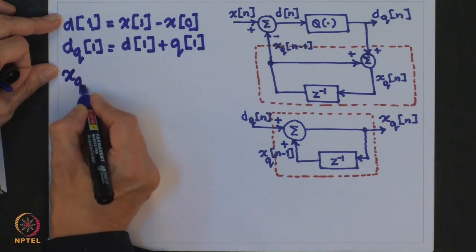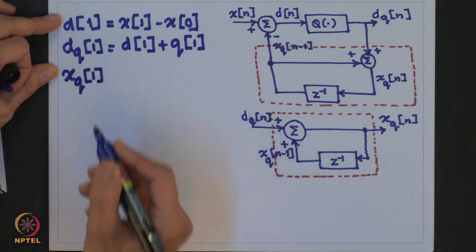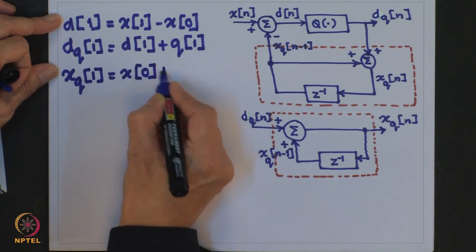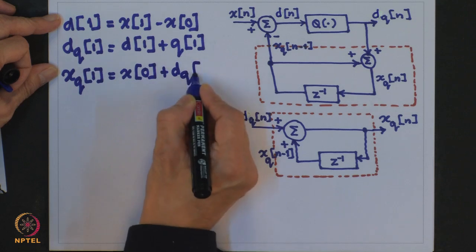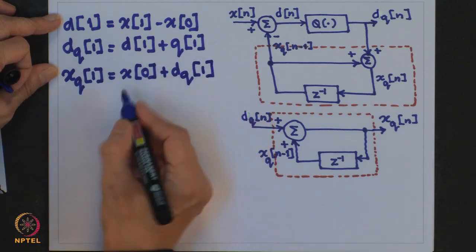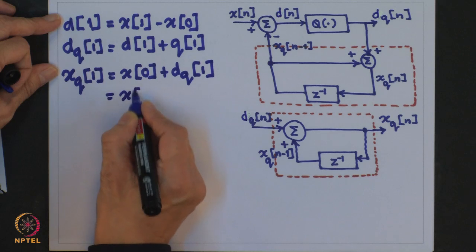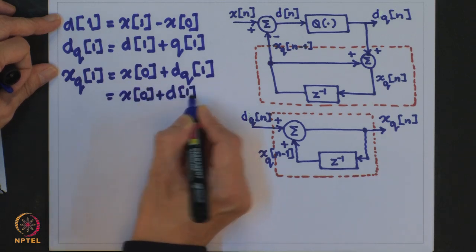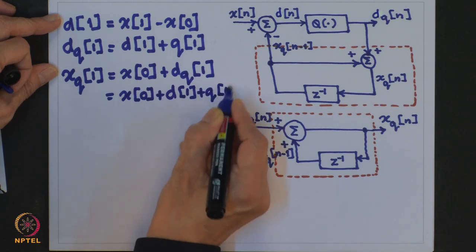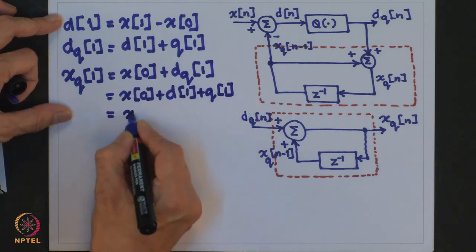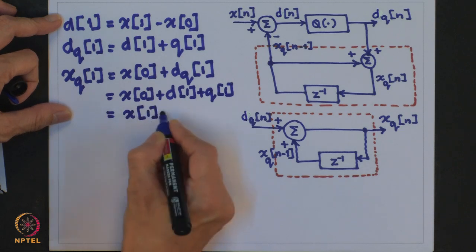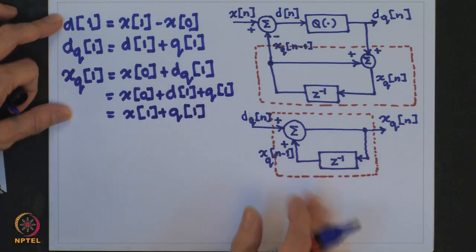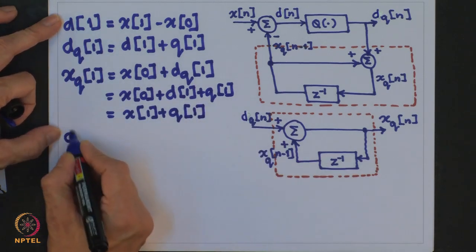So your reconstructed value at the receiver would be this. This is known at the receiver. So the quantization error which I get for the first sample is the same as I got in the earlier case.